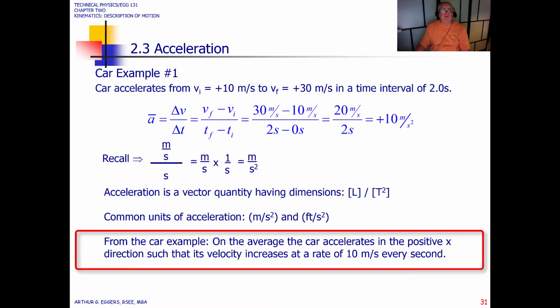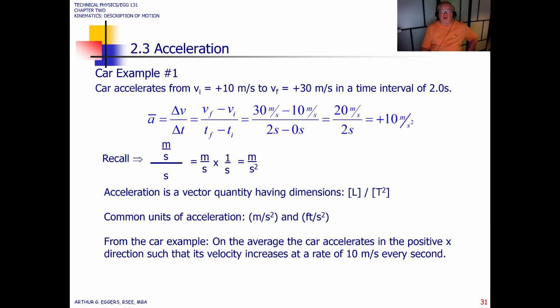From the car example, on the average, the car accelerates in the positive x direction, that is, its velocity increases at a rate of 10 meters per second every second. Okay, so it's an acceleration. It's a positive value. If it were a negative value, we would have deceleration, or the car slowing down.